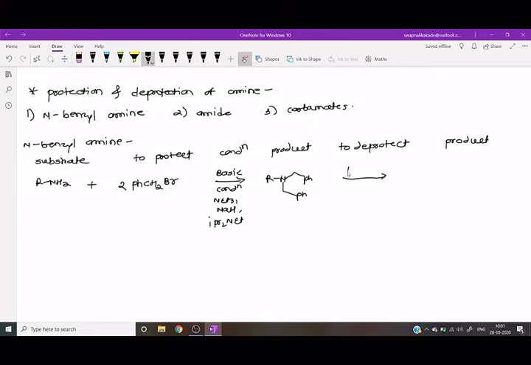The condition for deprotection is H2, Pd/C. Hydrogen is adsorbed on the surface of palladium. It gives RNH2 plus twice PhCH3.